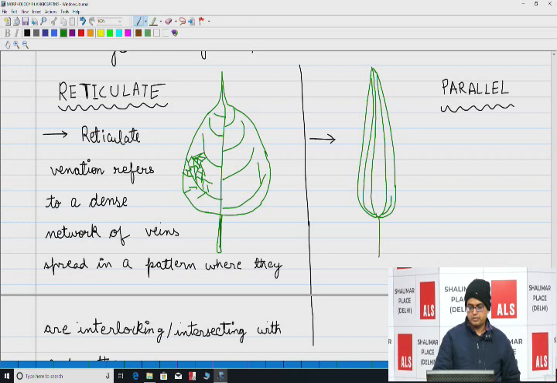They are running parallel to each other. Or you can take a leaf of banana. Banana leaf for example.